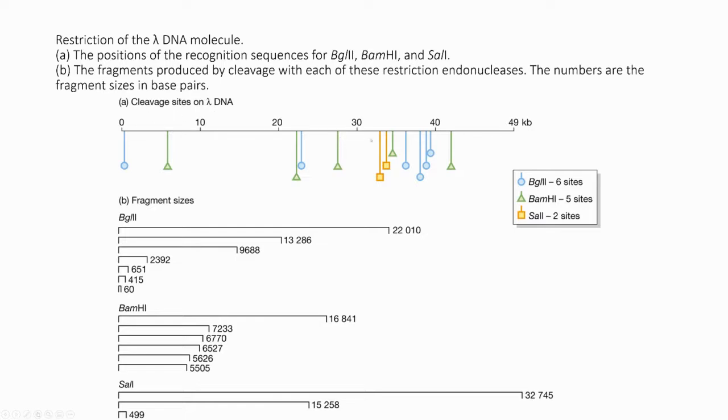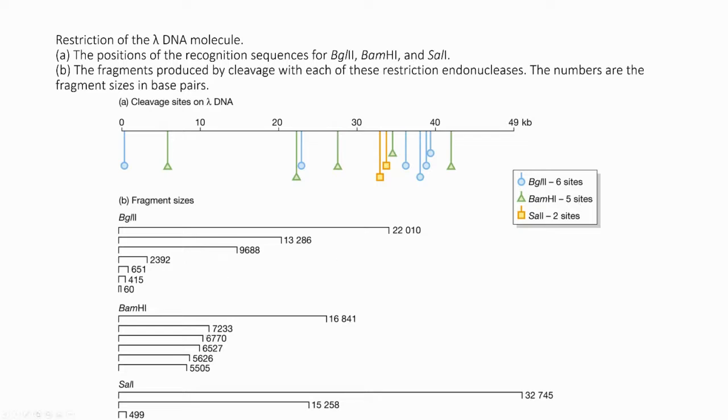So if linear DNA has 2 sites, then they produce 1 fragment here, 2 fragments, and a 3rd fragment. So you have 1, 2, 3, right? You have 2 cut sites. For a linear DNA molecule, you produce 3 different DNA fragments. And then for BamHI, the green one, 5 sites. For the 5 cutting sites, you can generate 6 DNA fragments.